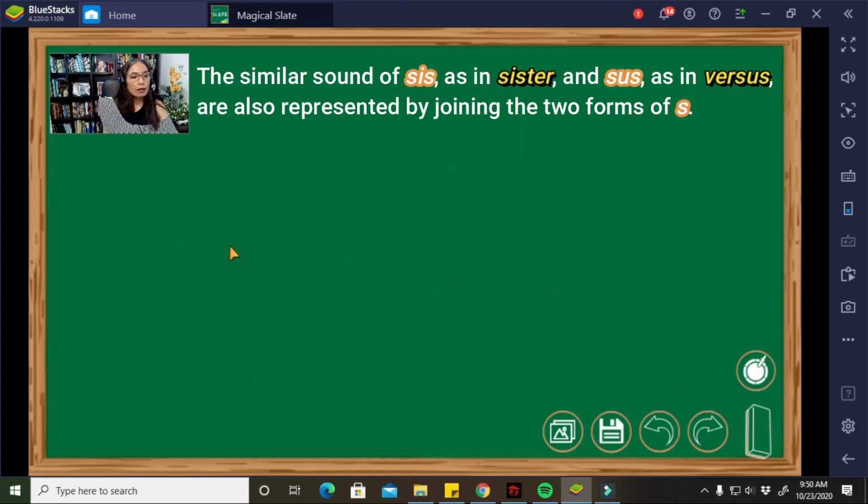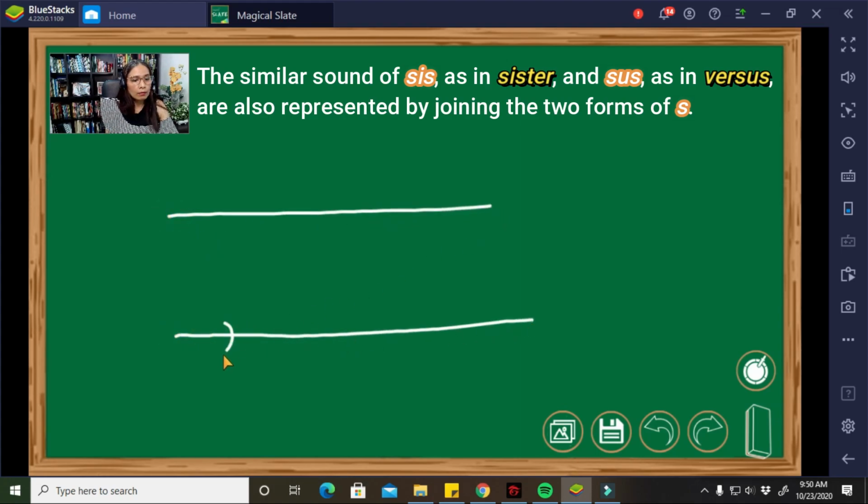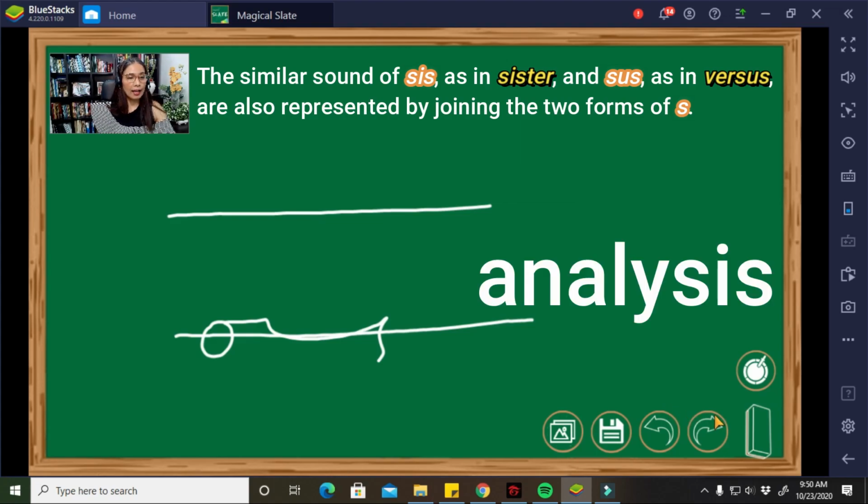Okay. Can you read this one? We have the line again here. We have a big circle there and a forward straight line. Then a forward curve and the two forms of S. The word now is very good.